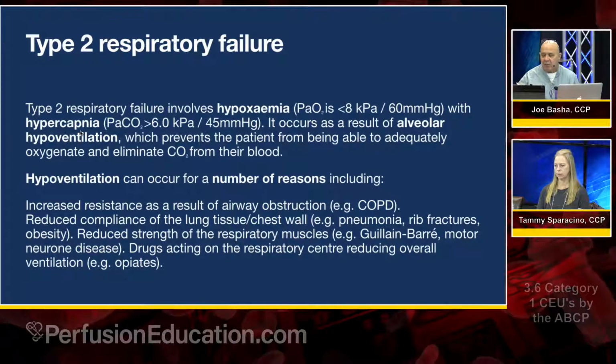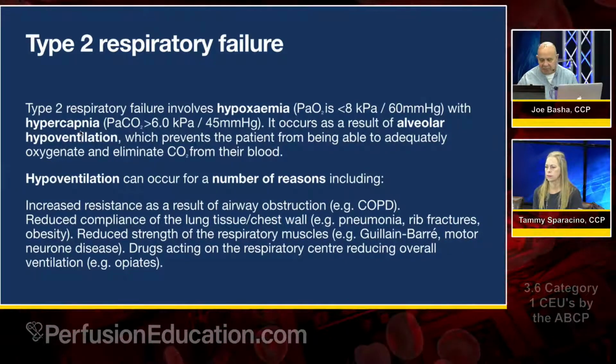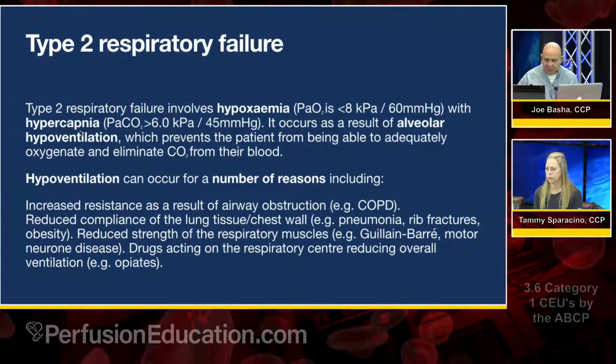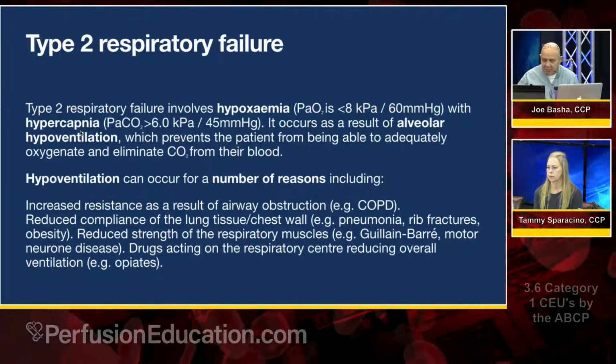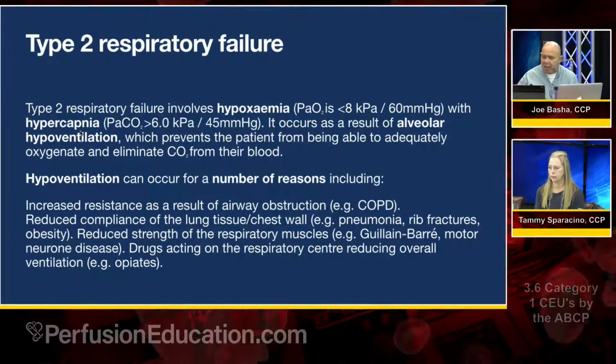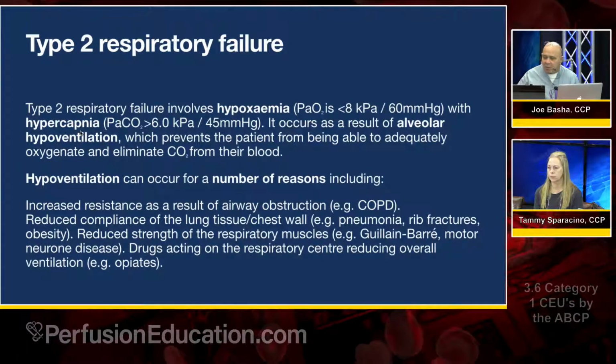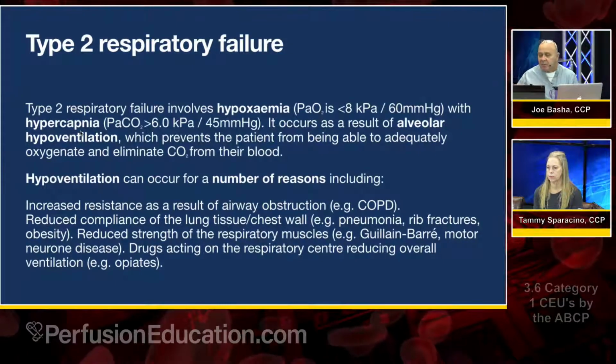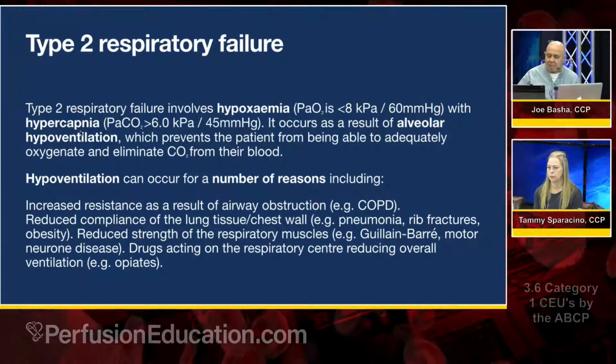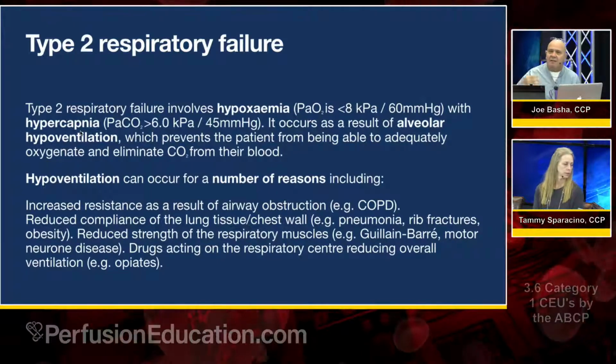Hypoventilation can occur for a number of reasons: increased resistance as a result of airway obstruction, or decreased compliance, which we saw a lot of with very stiff lungs with COVID. Could be pneumonia, could be rib fracture, could be obesity. You know, we see this all of the time.